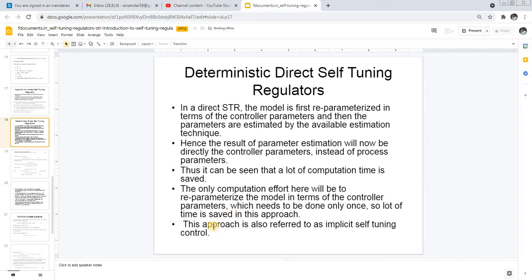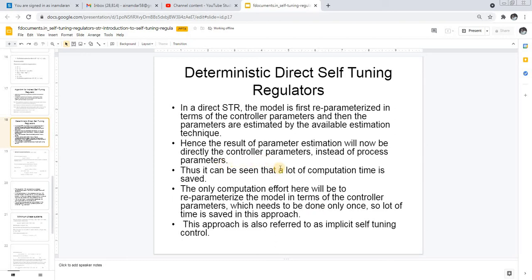The idea here is to use the design equations to reparameterize the model in terms of the parameters of the controller. This reparameterization is also the key in understanding the relations between MRAC and self-tuning regulators.